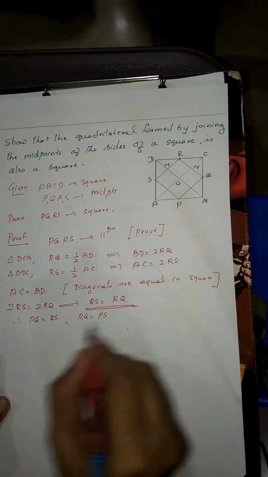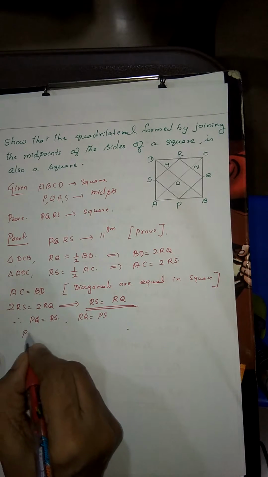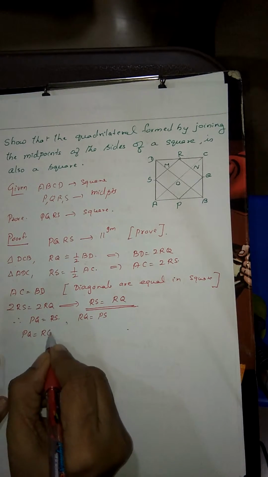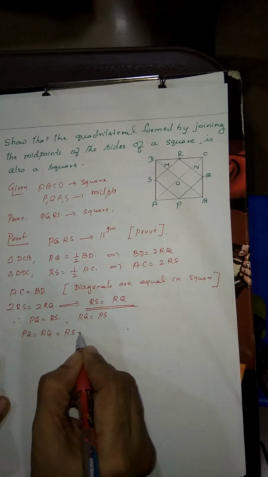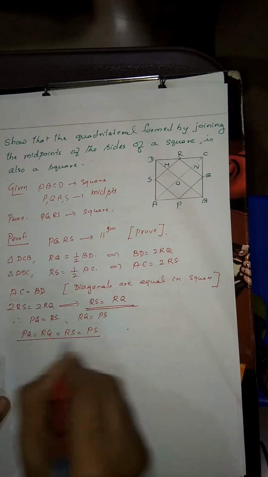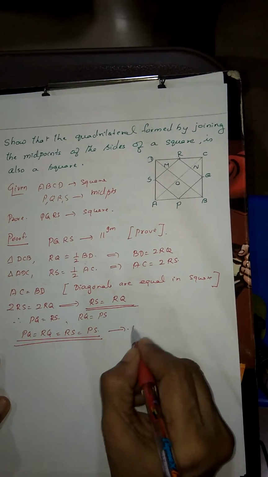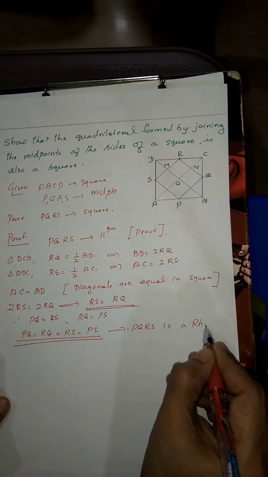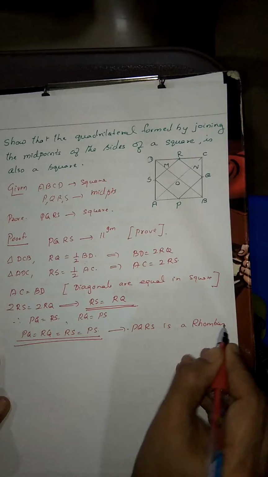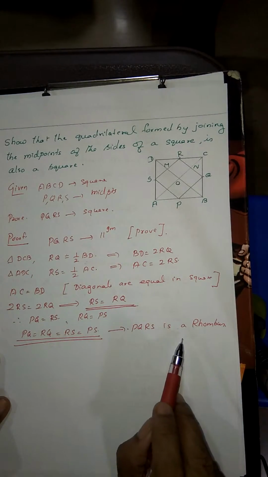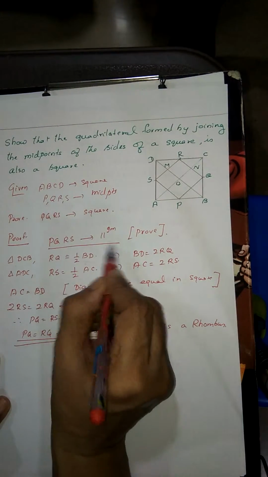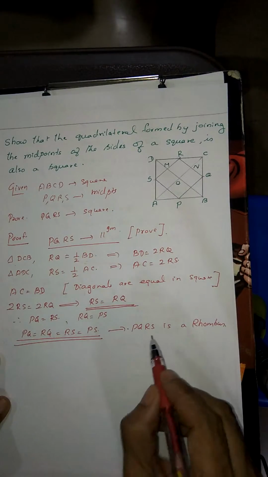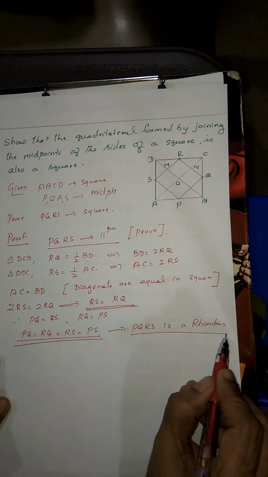So we can say from all these, PQ is equal to RQ is equal to RS is equal to PS. So now PQRS is a rhombus. So first we have proved PQRS is a parallelogram. Now we have proved PQRS is a rhombus.